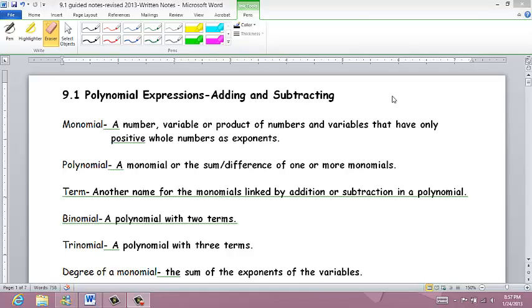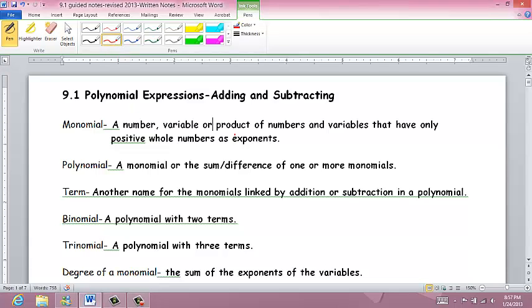The first definition we will talk about is a monomial. This is a number, variable, or product of numbers and variables that have only positive whole numbers as their exponents. Some examples of a monomial would be terms such as -4, x, -4xy, and even say 1/2 x squared y to the third.